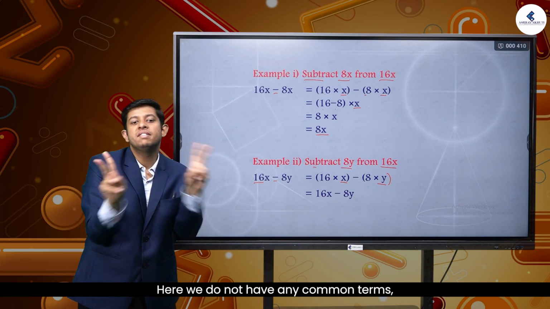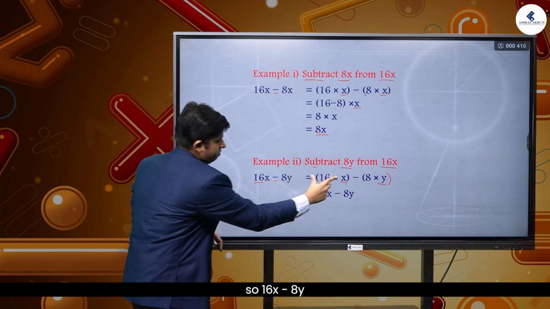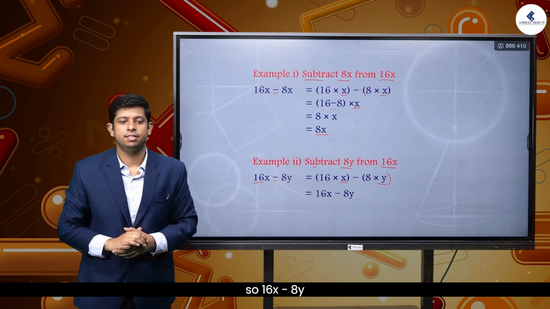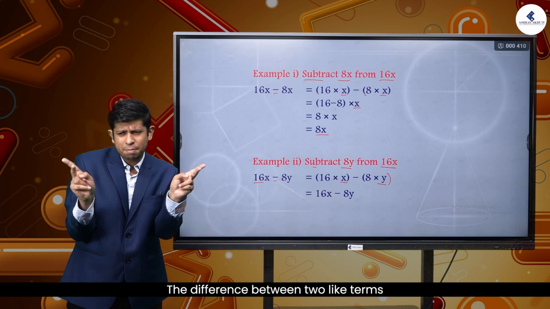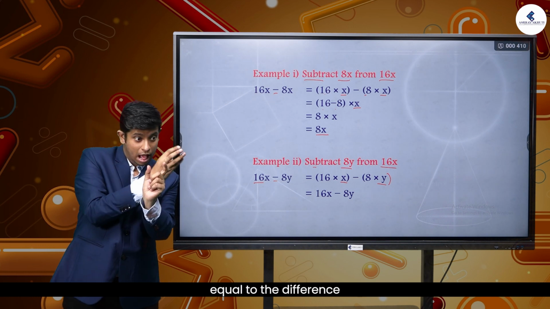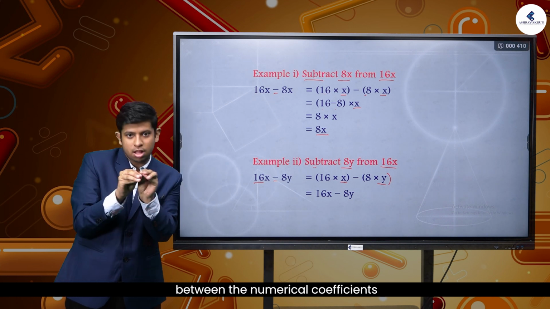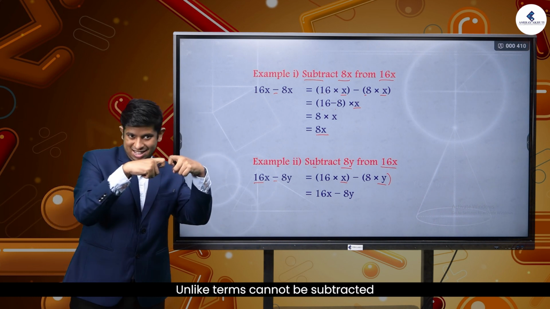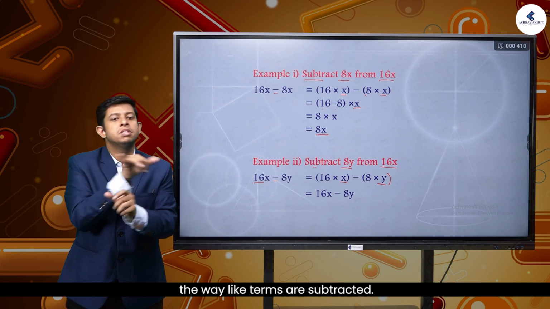Here we do not have any common terms. So 16x minus 8y. The difference between two like terms is a like term with a numerical coefficient equal to the difference between the numerical coefficients of the two like terms. Unlike terms cannot be subtracted the way like terms are subtracted.